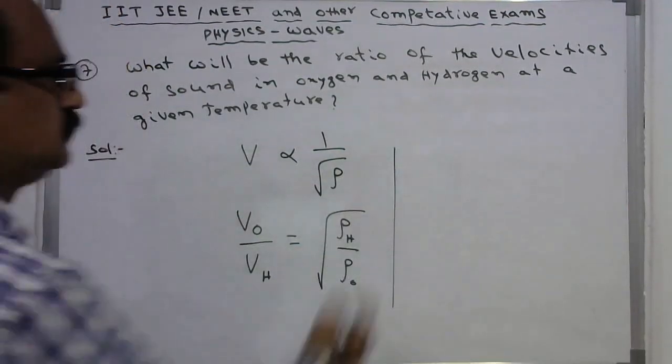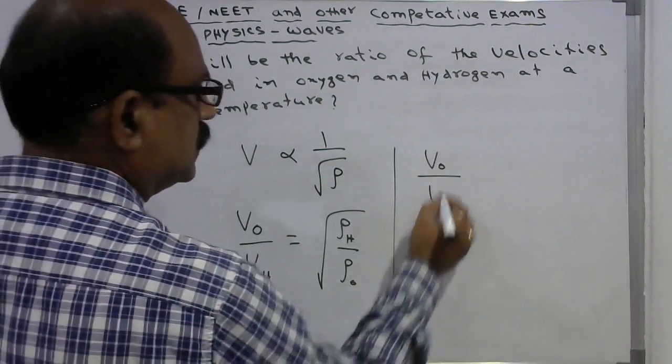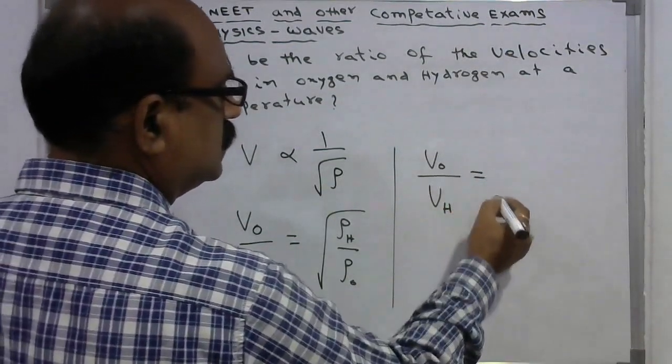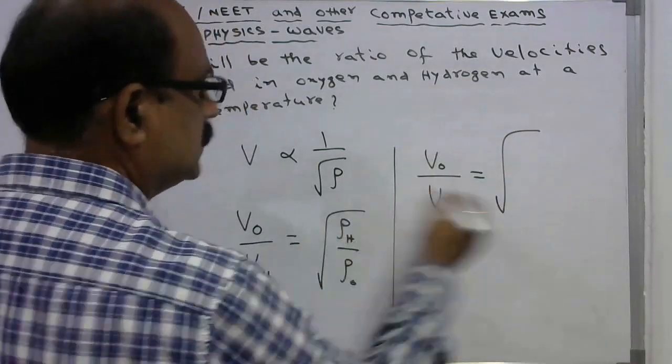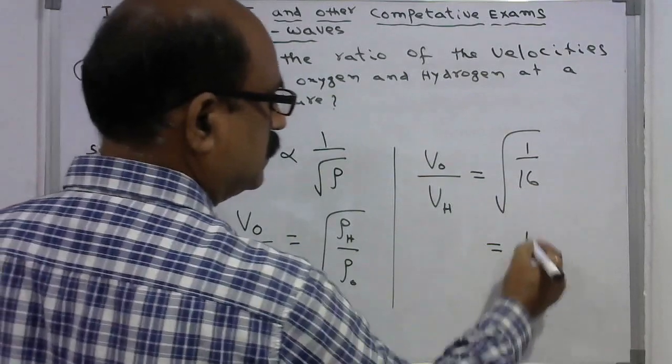So the velocity of sound in oxygen to the velocity of sound in hydrogen is equal to the square root of 1 by 16, which you can write as 1 by 4.